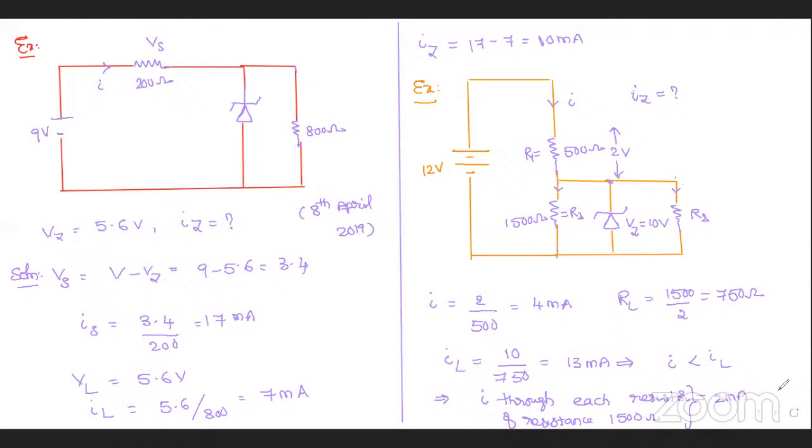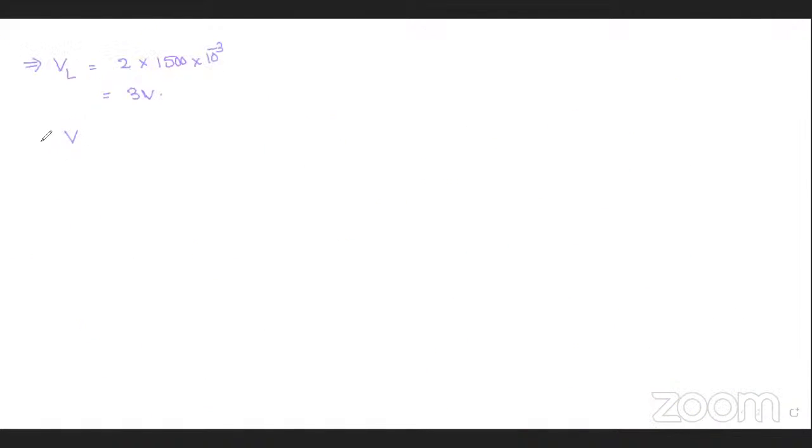Correct in my calculation? Correct, sir. And here that implies VZ is equals to 3 volts, which is not at the breakdown.